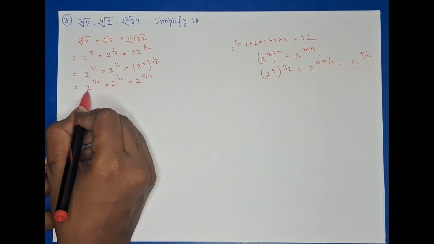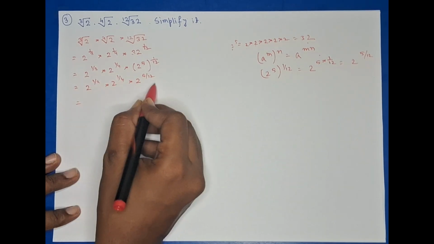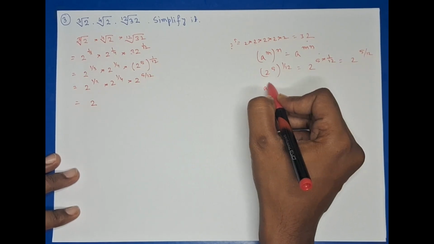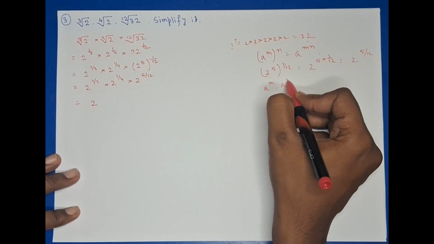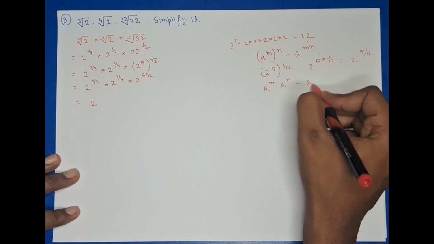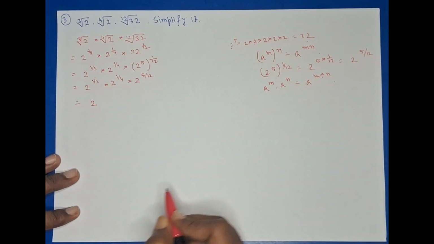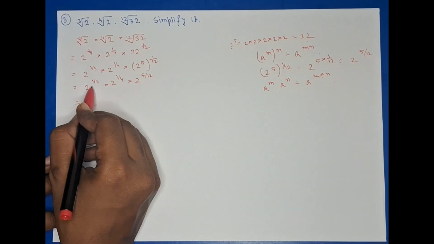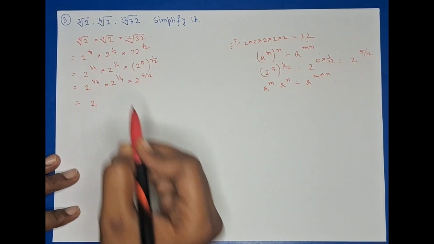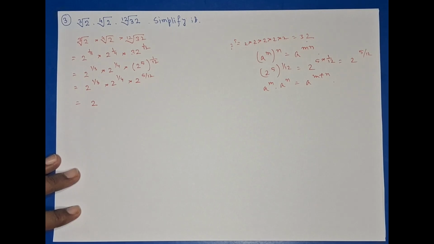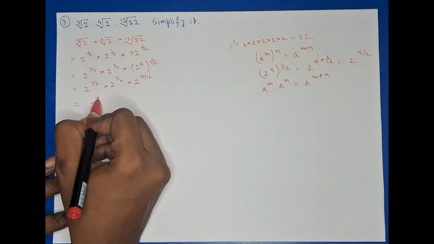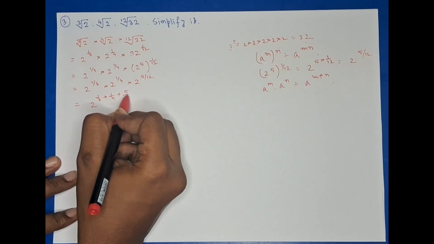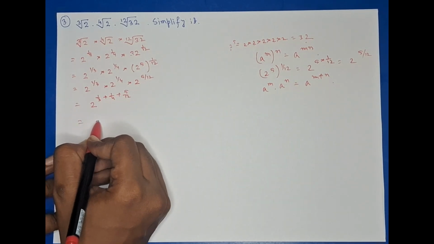So now if we combine this, what we know is a to the power m into a to the power n is equal to a to the power m plus n. In a similar way we can write 2 to the power 1 by 3 into 2 to the power 1 by 4 into 2 to the power 5 by 12 is equal to 2 to the power 1 by 3 plus 1 by 4 plus 5 by 12.